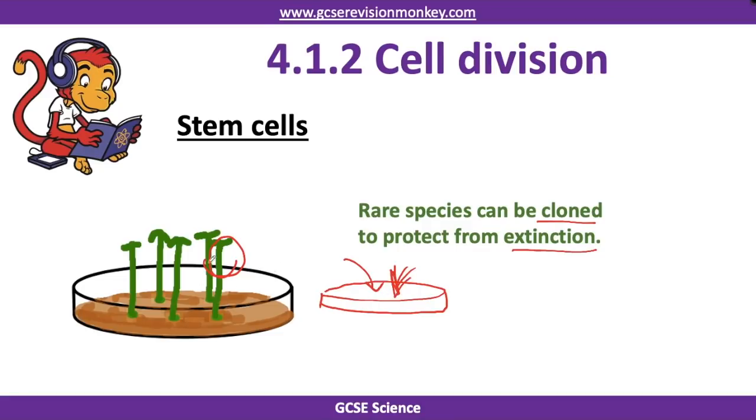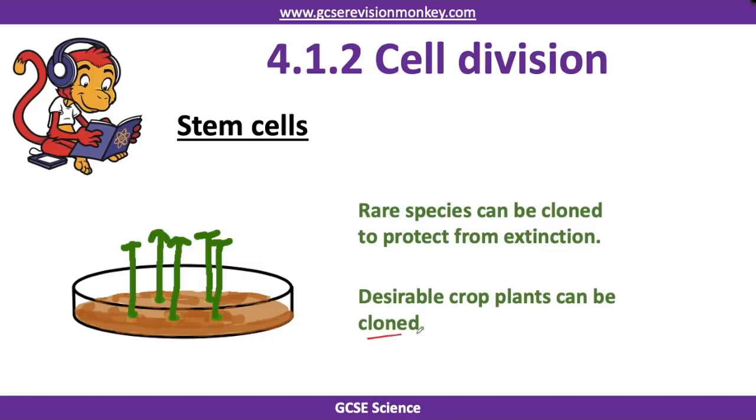So you can clone them really quickly if you've got only a few examples of rare plants left. And also you can clone desirable crop plants really quickly. So for example, if a farmer had a plant that was particularly resistant to disease or drought, or perhaps they produced a genetically modified plant, they can clone them really quickly because of this meristem tissue that's throughout the plant. So it's undifferentiated, so you can take cuttings, grow them in nutrients and clone them really quickly.